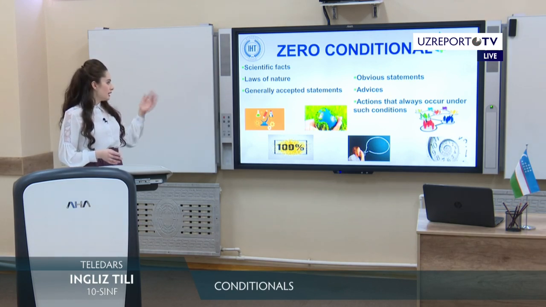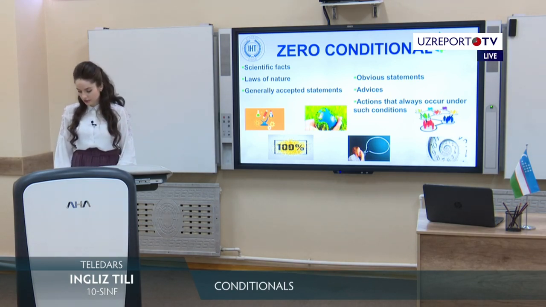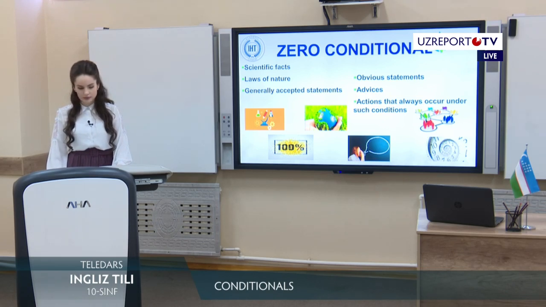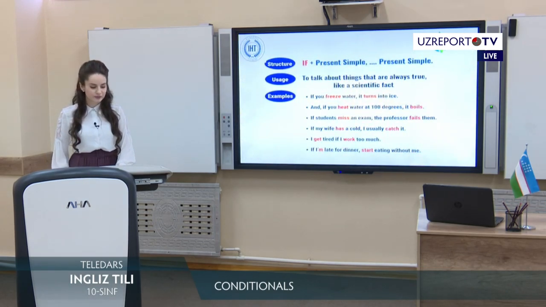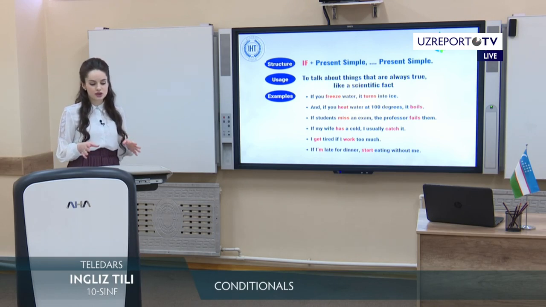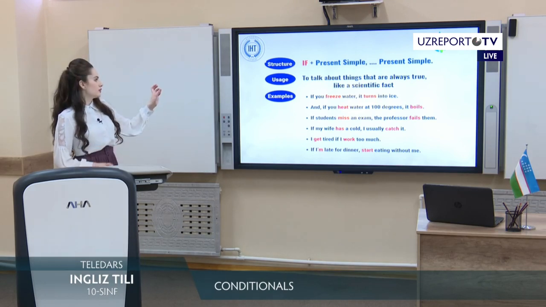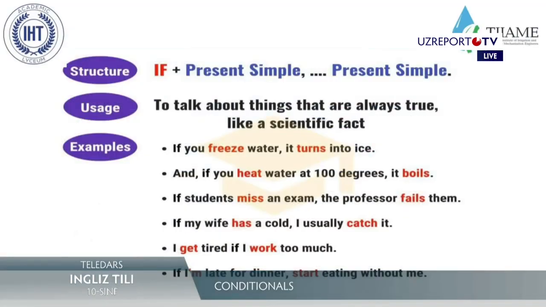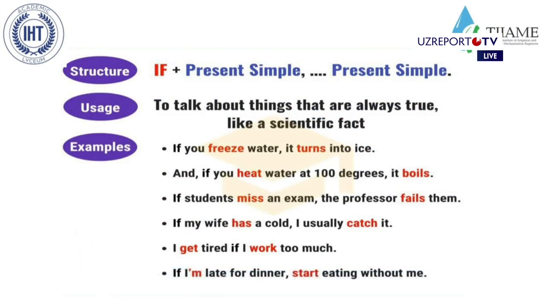Now let's go to the structure of our zero type. Please look at the structure. You may see again, in red color, the conditional word if. This word helps us to understand that it is some condition. Then, in our conditional part, we have the present simple tense.